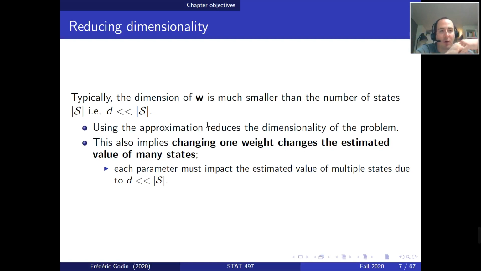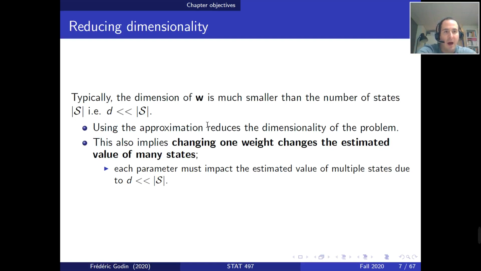Of course, this is at the expense of losing some precision, because sometimes the best parametric approximation of the value function is not exactly the true value function, but this loss of precision or accuracy will be needed to make the algorithms work.